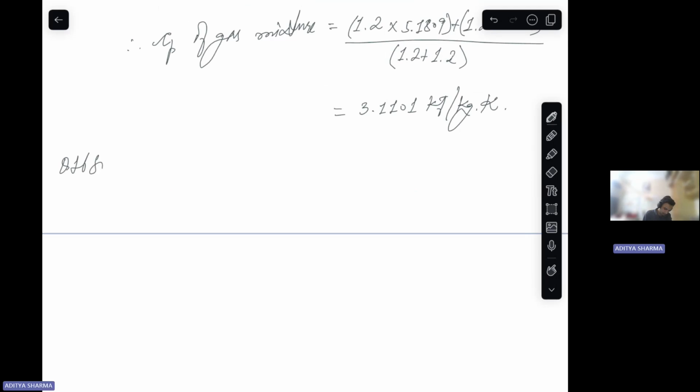So gas constant can also be calculated this way.